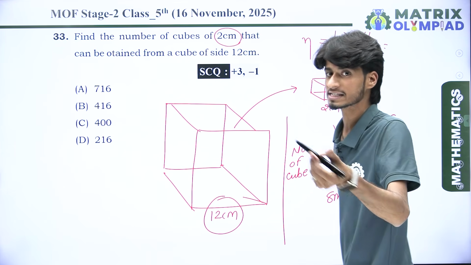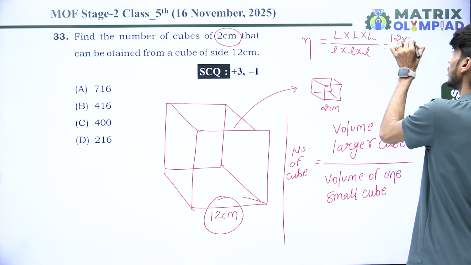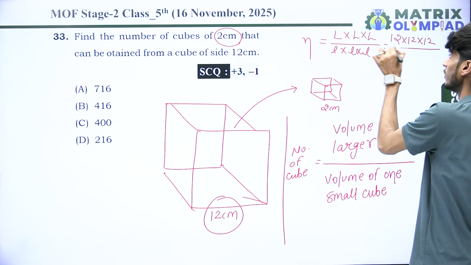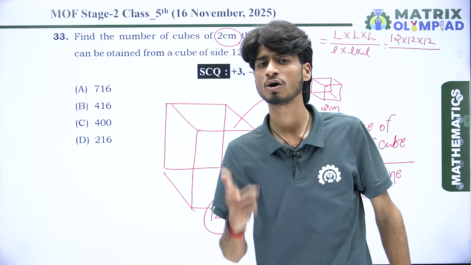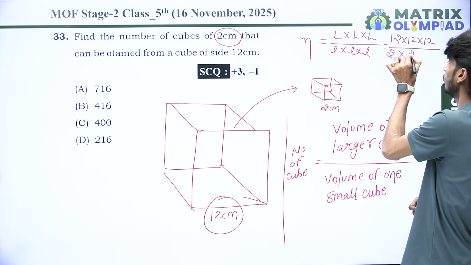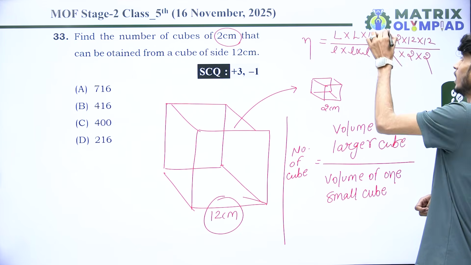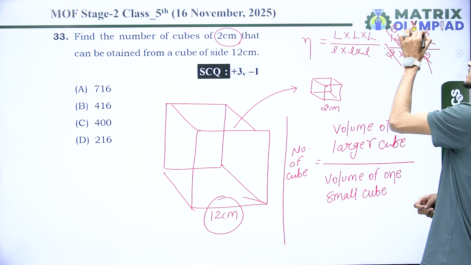The measurement of its side is 12 centimeter. Then we multiply 12 by 12 by 12 and divide by the dimension of a small cube, which is equal to 2 centimeter. Then put the value 2 multiplied by 2 multiplied by 2. You can observe here, we can cancel out 12 by 6 times.